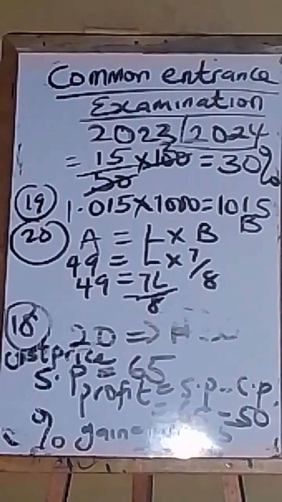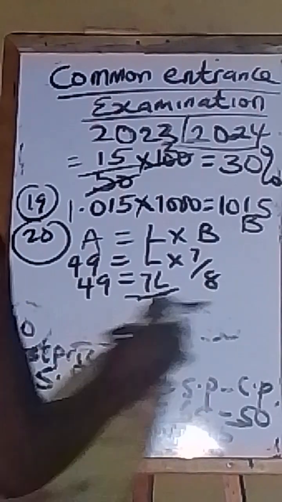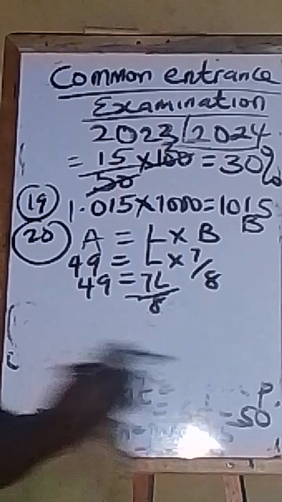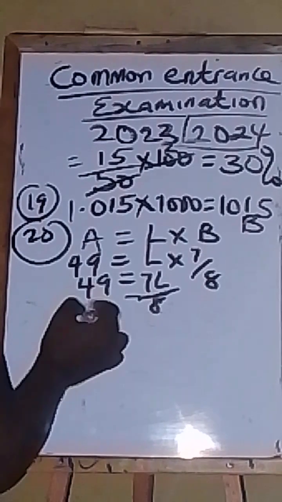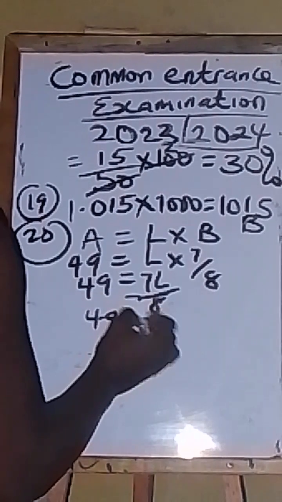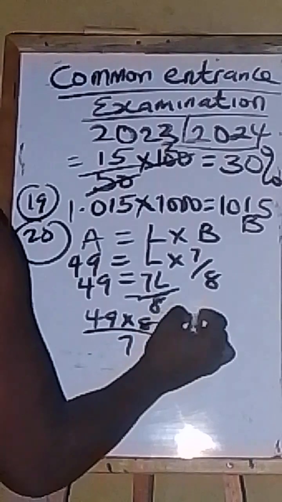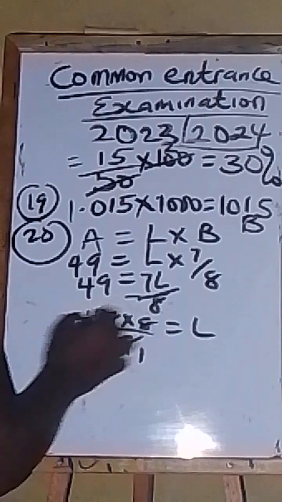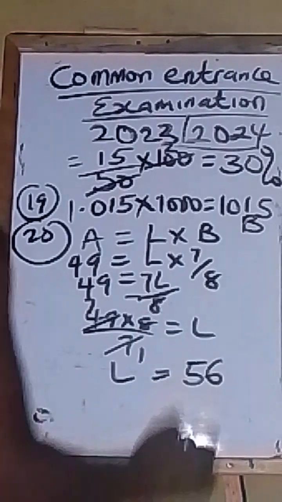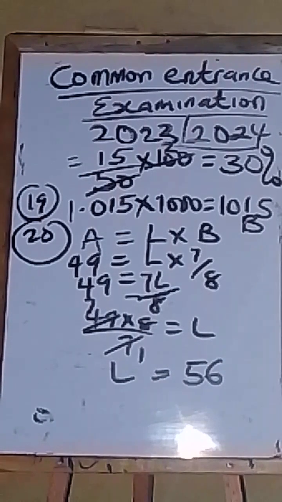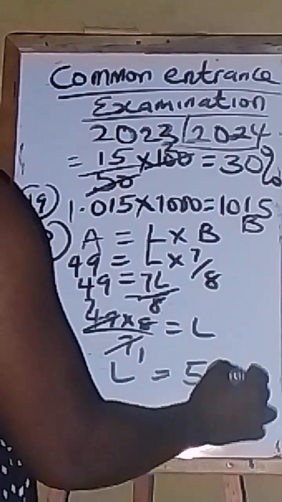The next thing to do is to cross multiply. So we have 49 times 8 over 7 equals n. You cancel here, we have 7. n equals 56. So we have 56 centimeters.